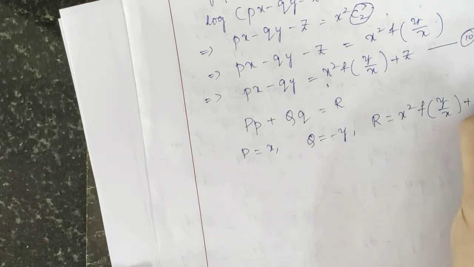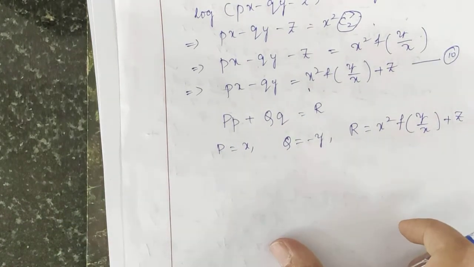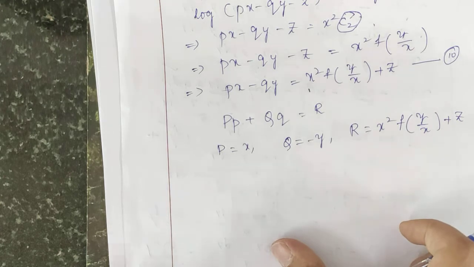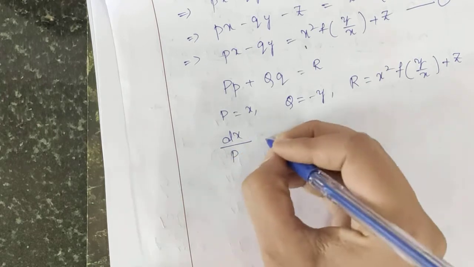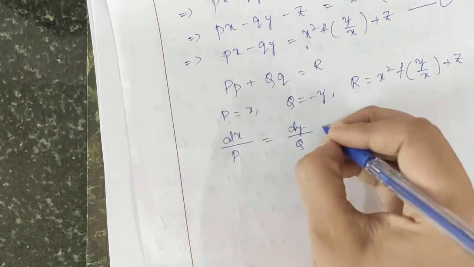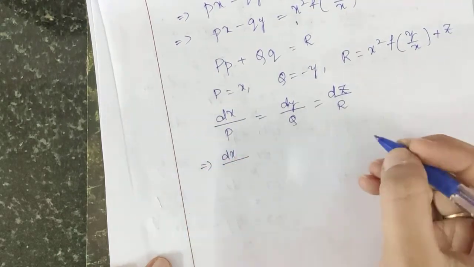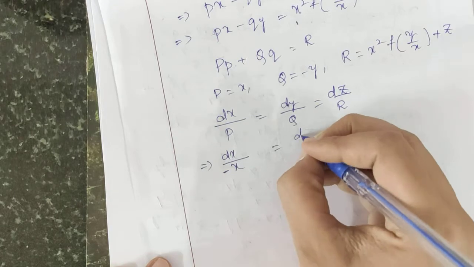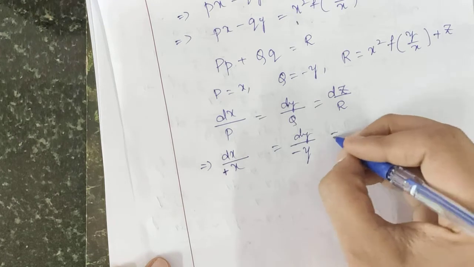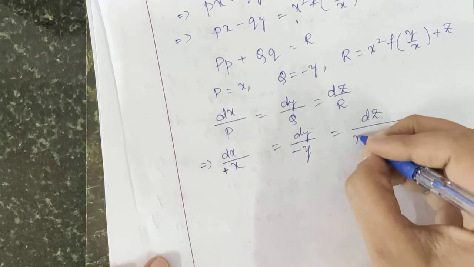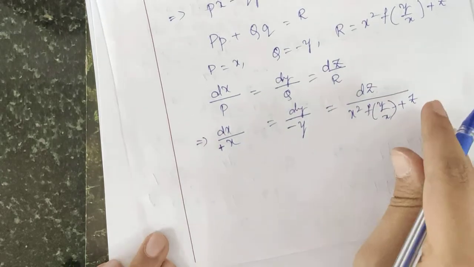Right? So now, in order to simplify further, we will use the Lagrange auxiliary equation, that is nothing but dx by P is equal to dy by Q is equal to dz by R. Substitute the values of P, Q, R, you will get dx by minus x, dy by plus x, minus y is equal to dz by x square f of y by x plus z.